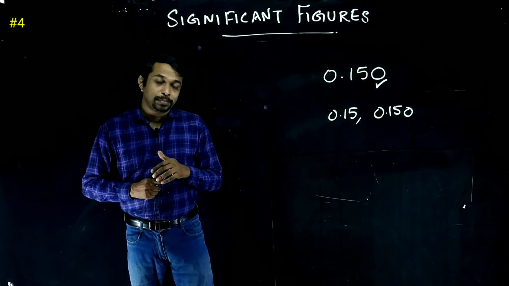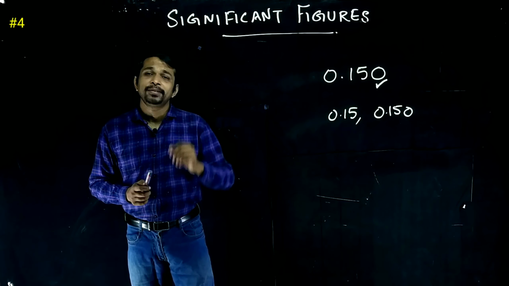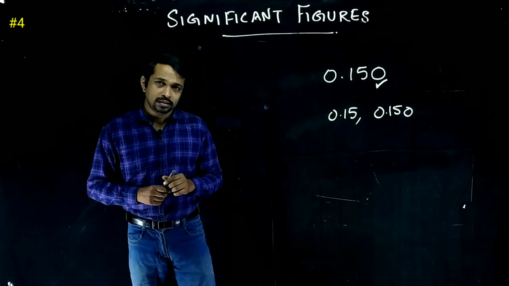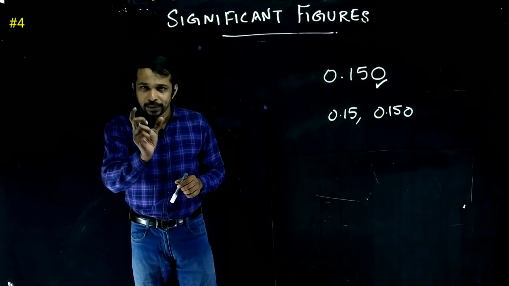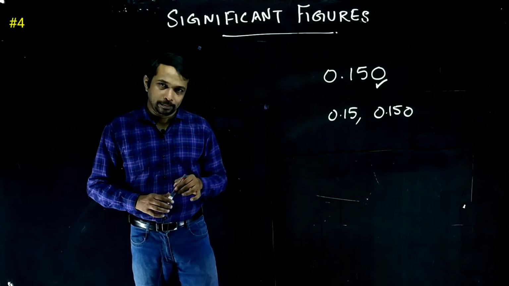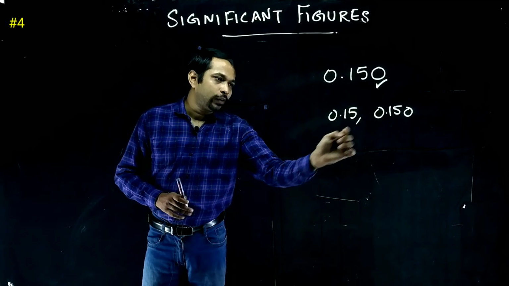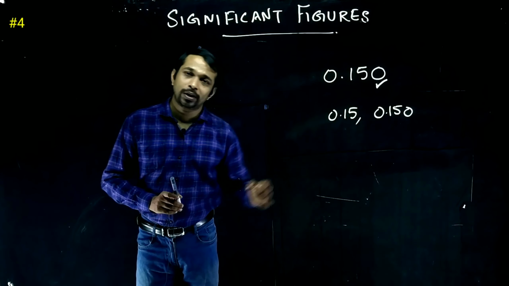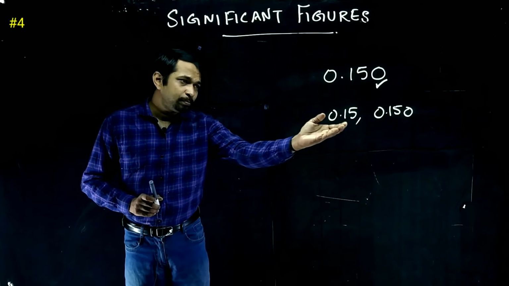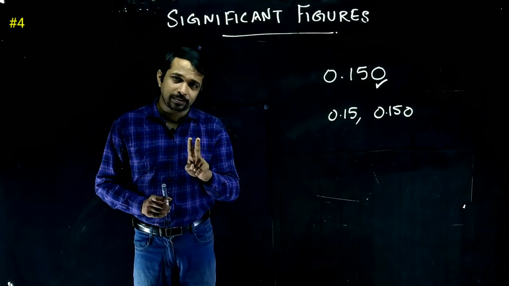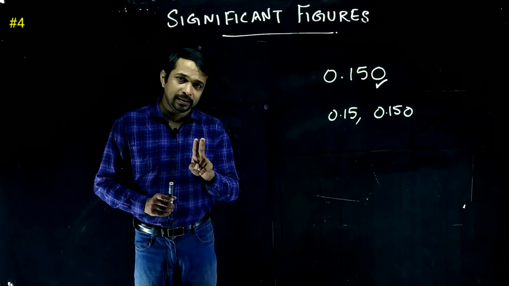This is because the number of significant figures in a number gives you the precision of that number. Okay, so let's take these two values, 0.15 and 0.150. In 0.15, we are measuring only up to 2 decimal places, right?